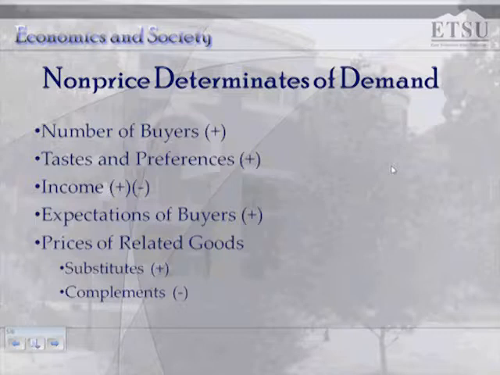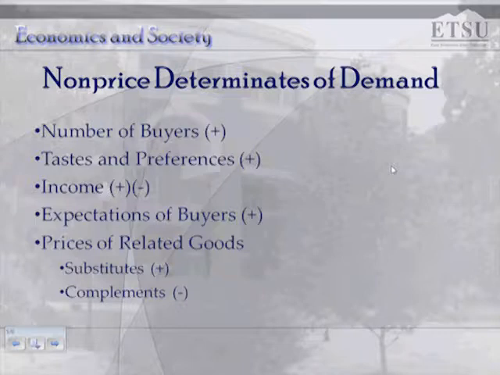But there are going to be some people who substitute the now cheaper Pepsi for the now relatively more expensive Coke. So if the price of Pepsi falls, the demand for Coke is going to fall. Vice versa. If the price of Pepsi rises relative to the price of Coke, then people respond by buying more Coke and less Pepsi.